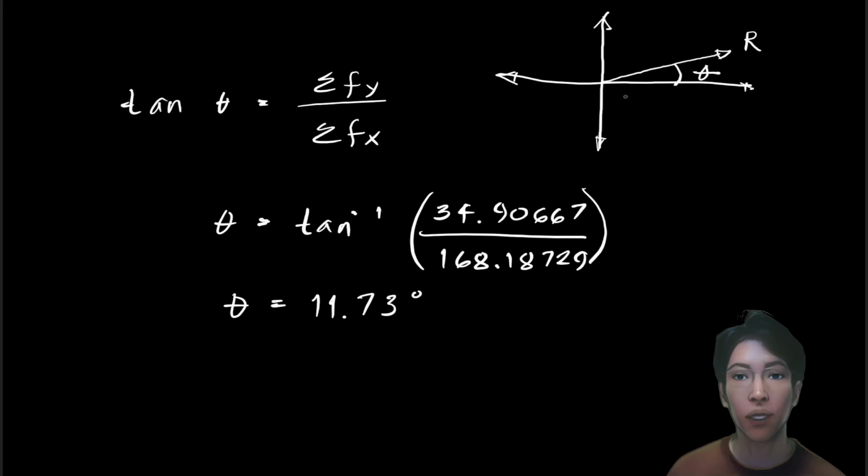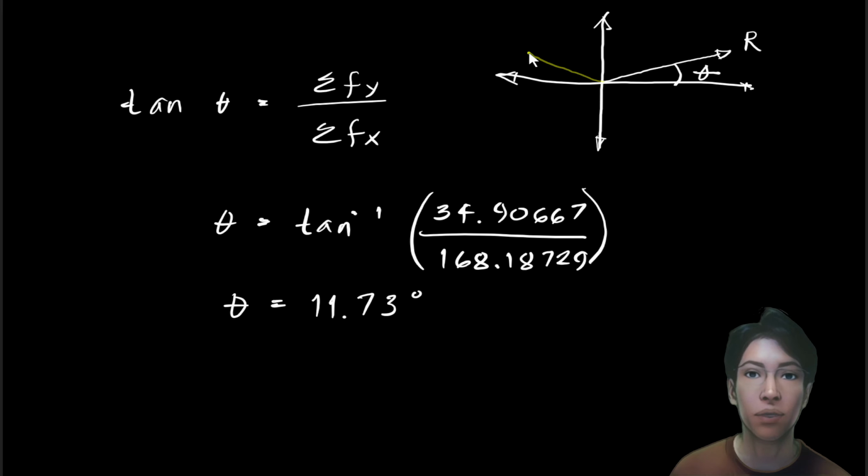Now, depending on the sign of your summation for x and y. So let's say the summation of forces along x is negative, then the angle will be over here. Okay, so the angle will be over there. So it will be like this.